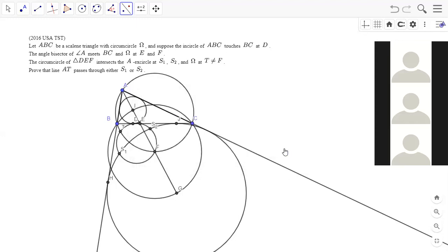The root BC inversion then would take DEF to EFJ. Okay. So it takes DEF to EFJ. So wait, it swaps E and F, and it takes T to J. Is that the idea?